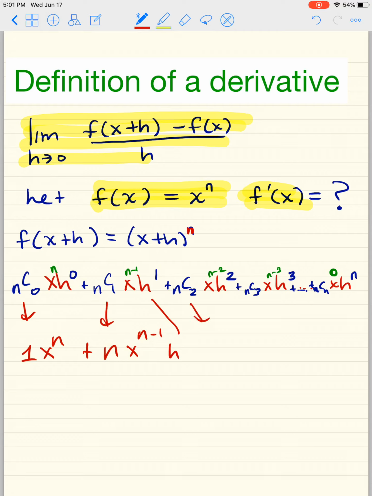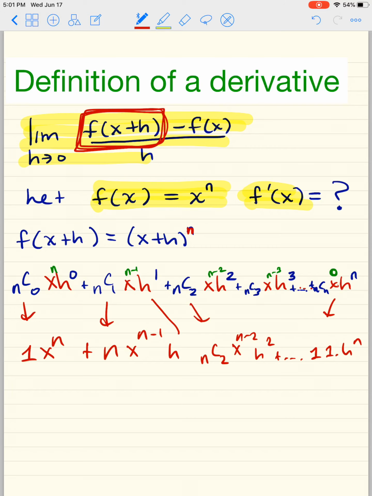Next one, n choose 2 is something, I don't care what it is, times x to the n minus 2, h squared. And we keep going. And then at the end we get 1 times h to the n. That is just your f of x plus h. Then you have to take away f of x. Remember what f of x is? That's x to the n. So I subtract that at the end, minus x to the n.